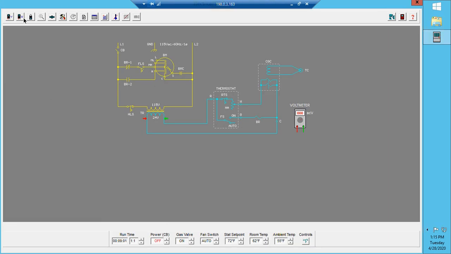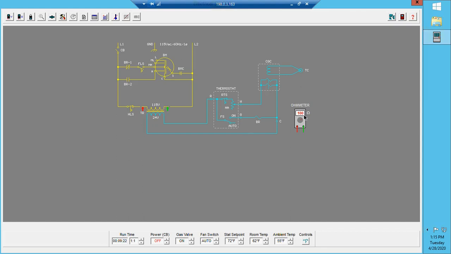So what we're going to do is come over here and do an ohm reading. Let's ohm across our primary side. I'm getting 100 ohms of resistance. That's telling me that this wire is still good. It's still intact.